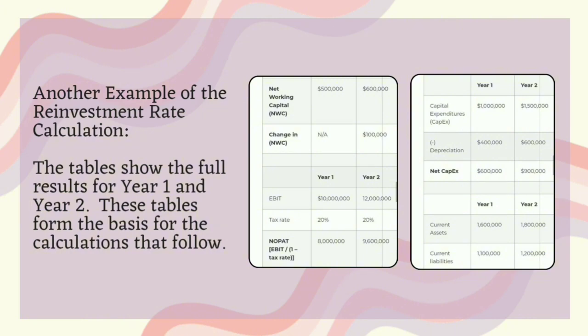Capital expenditure in aggregate amounts to 1 million and the depreciation amounts to 400,000. Taking the difference of these two terms yields the net capital expenditure amount of 600,000.